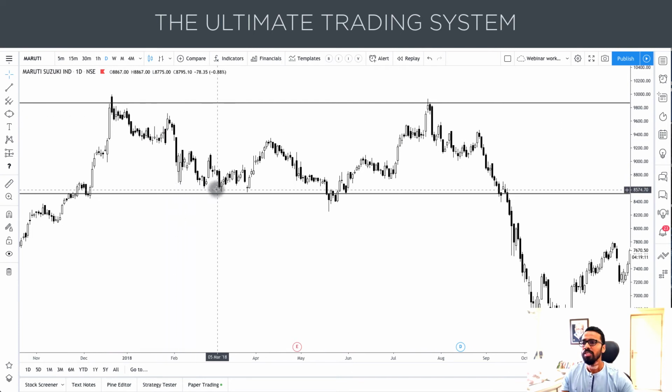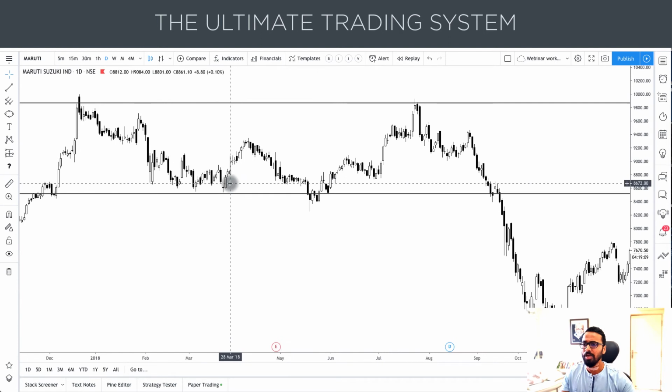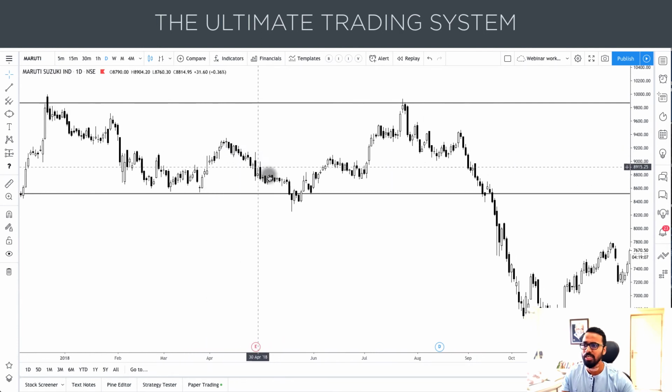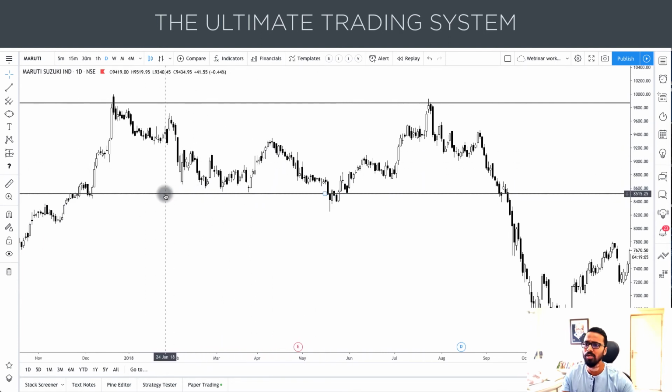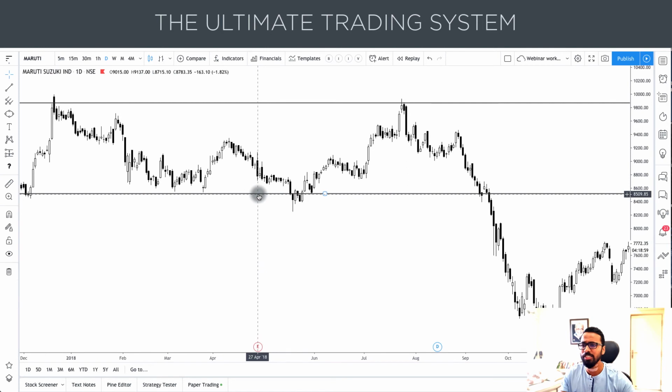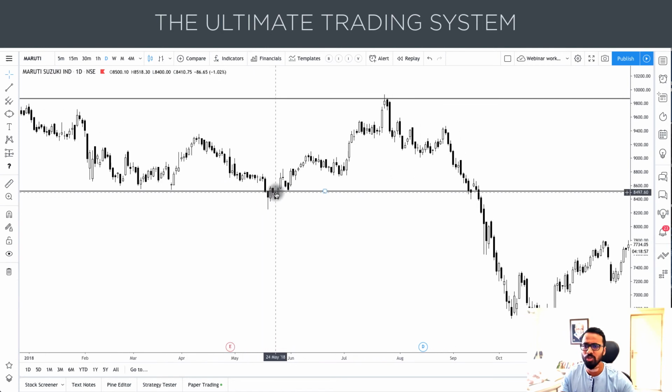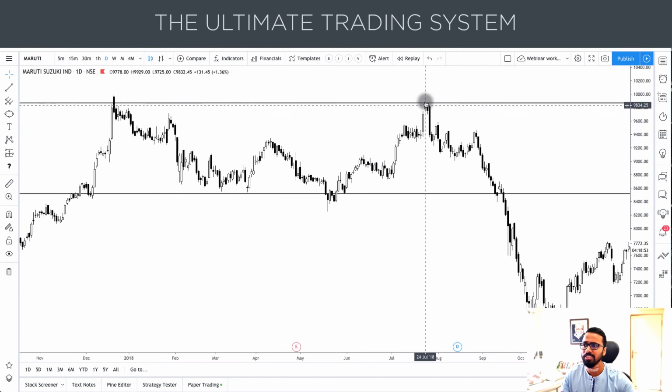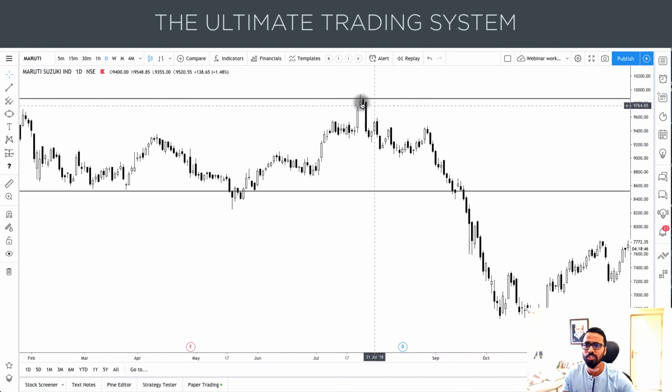Now, as you see, this resistance that was broken has started acting as support. Change in polarity. Now at change in polarity, either you get this on the upside, and because you have a resistance created by this previous top here, you take this trade on the short side.